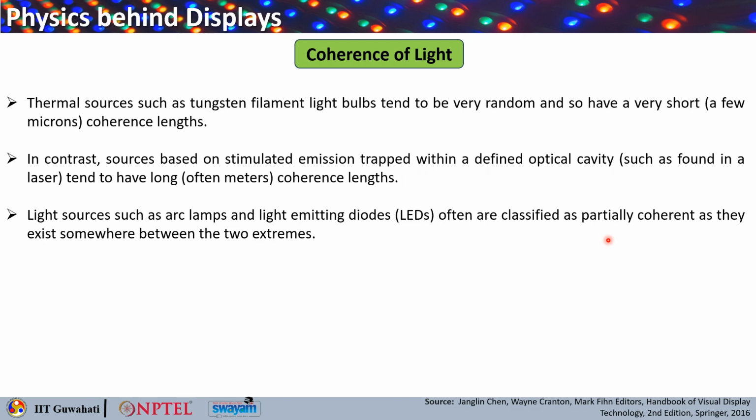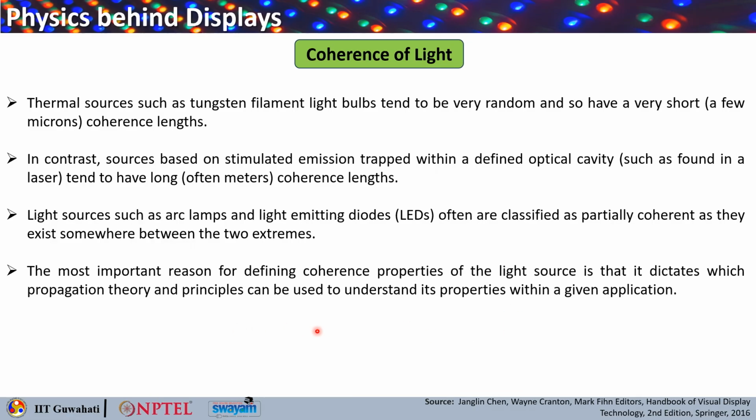So, tungsten filament lamps are completely incoherent, with a very short coherence length. Lasers have a very long coherence length. LEDs are also incoherent, but they are somewhere in the middle. The most important reason for defining the coherence property of the light source is that it dictates which propagation theory and principles can be used to understand its property within a given application.